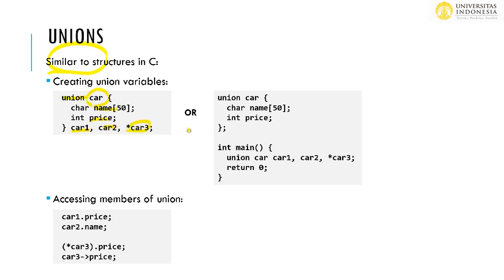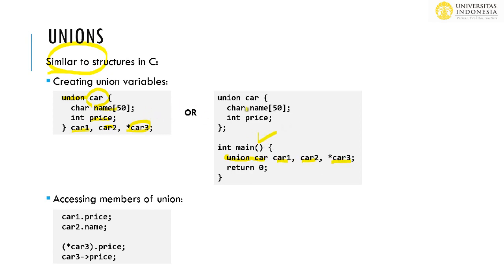The pointer car three can refer to the address of the union car data here. And like you already learned before, union car can also be used to define car 1, car 2, and car 3 in the main program.